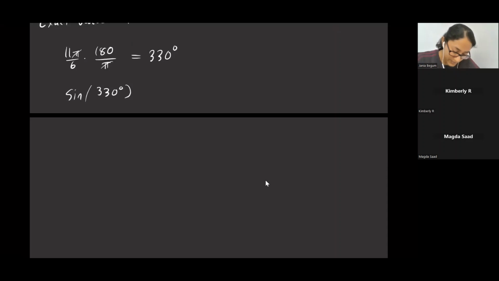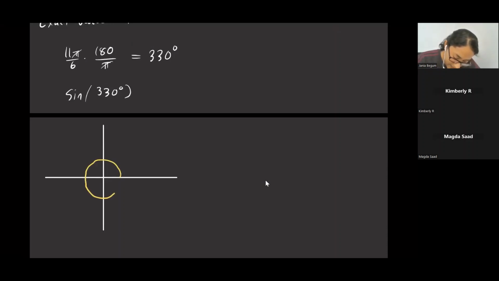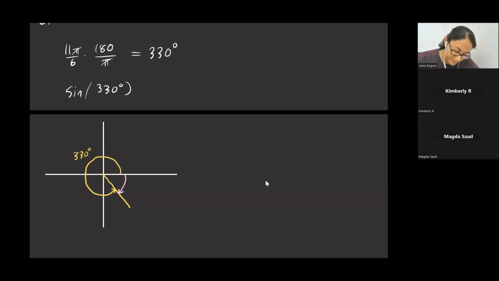Let's draw the angle so we can find the reference angle. So 330 degrees is in which quadrant? You start from standard position, which is the positive x-axis, and go around, and somewhere right here will be 330. Let's say this is 330 degrees. The reference angle is this angle right here.